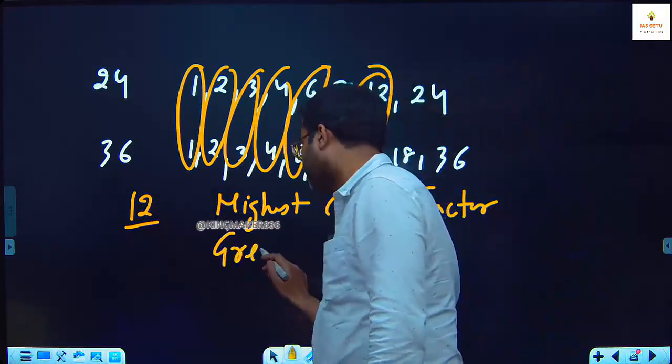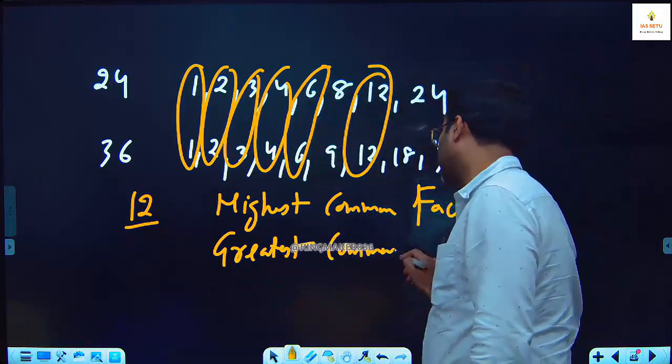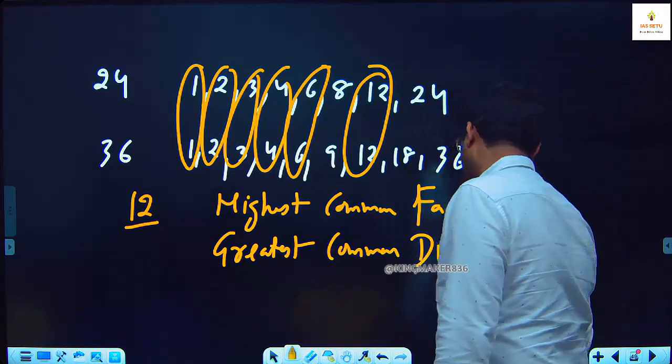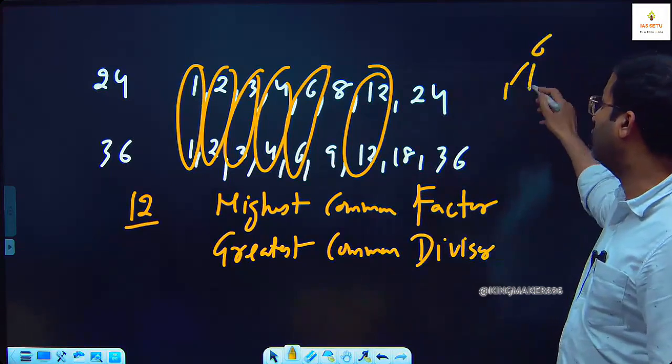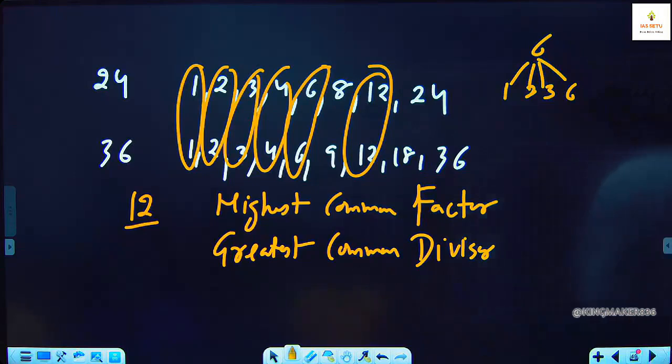Greatest common divisor. Factor and divisor is the same. 6 के क्या क्या factor है? 1, 2, 3, 6. 6 के divisor 1, 2, 3, 6. Divisor and factor are the same thing. Okay.